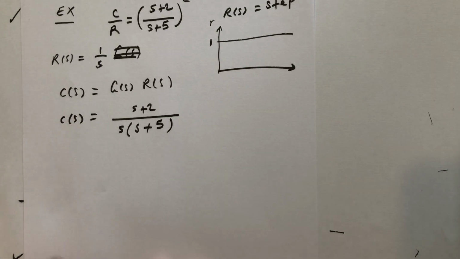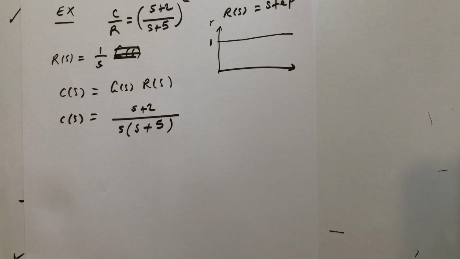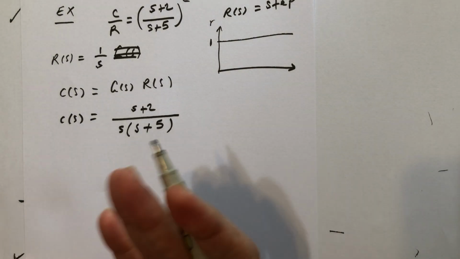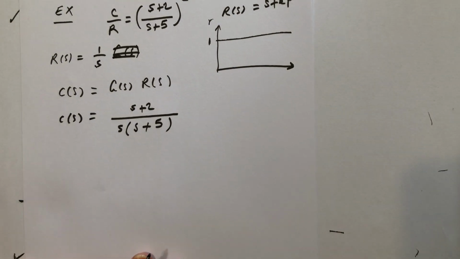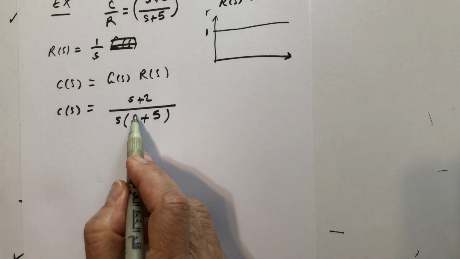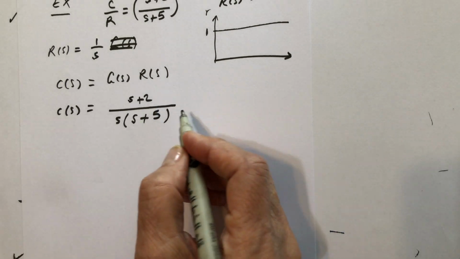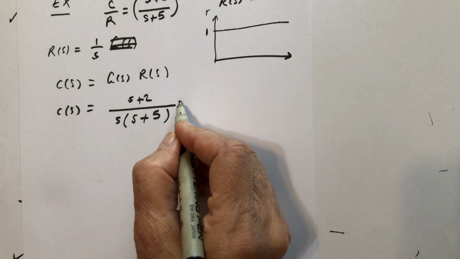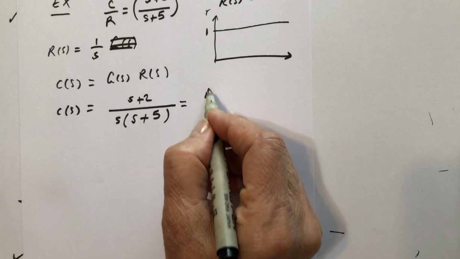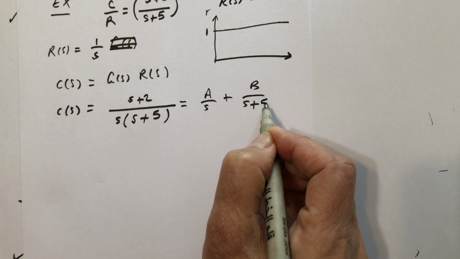Now we practice how to get the transient response of this, as an introduction. We go into other details later. Because I have real poles and zeros, I can say it's equal to A over S plus B over S plus 5.